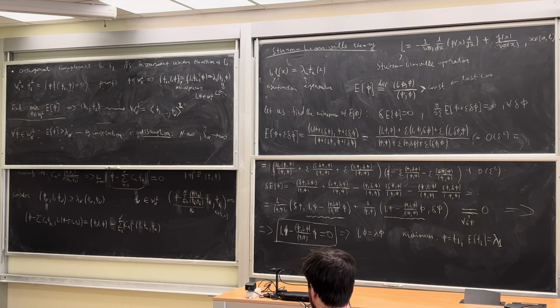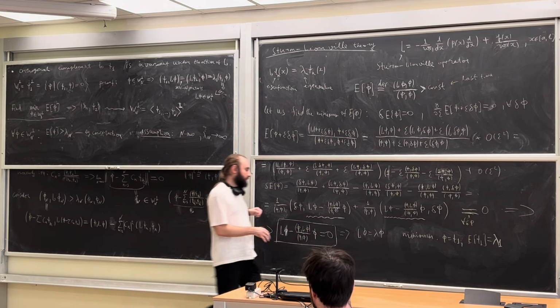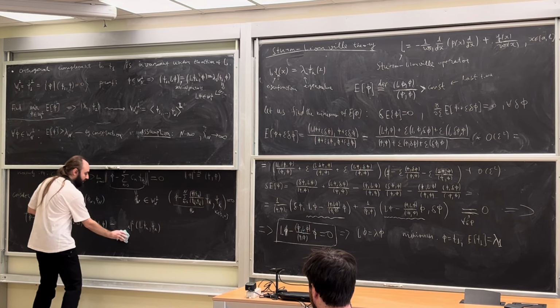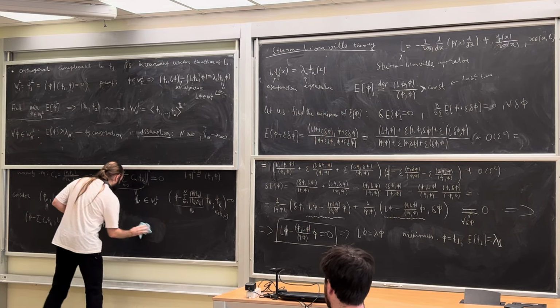scalar product phi with L of the sum we don't have. Okay, let's write this explicitly.